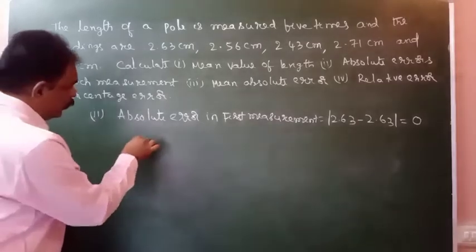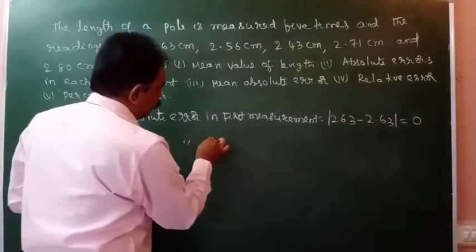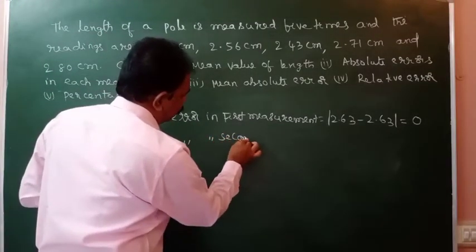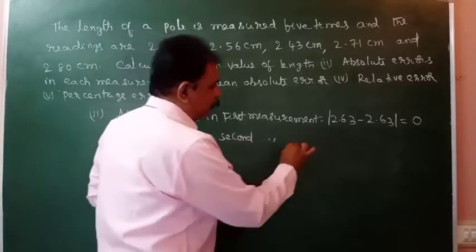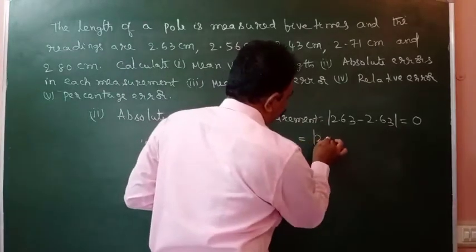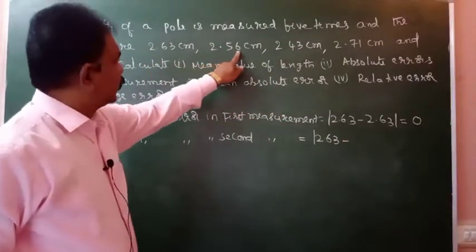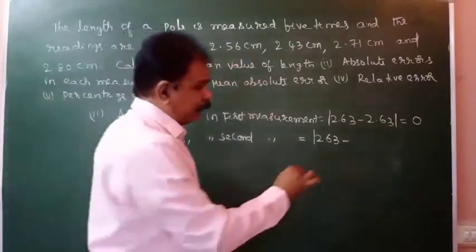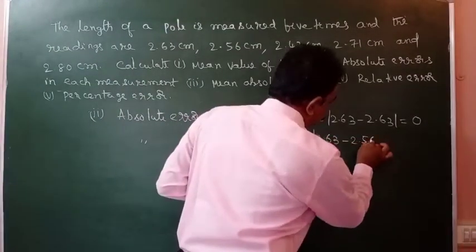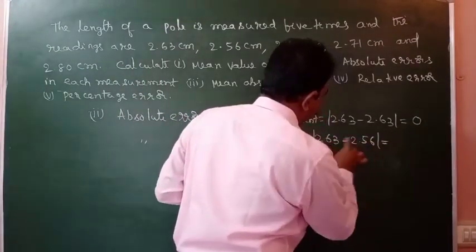In the same manner, absolute error in second measurement is equal to modulus of 2.63 minus the second one, which is 2.56.